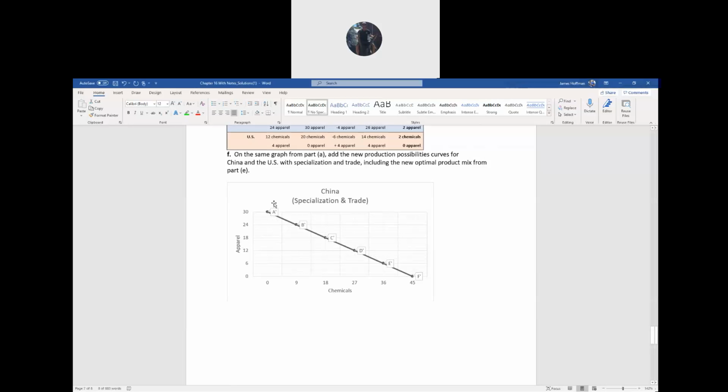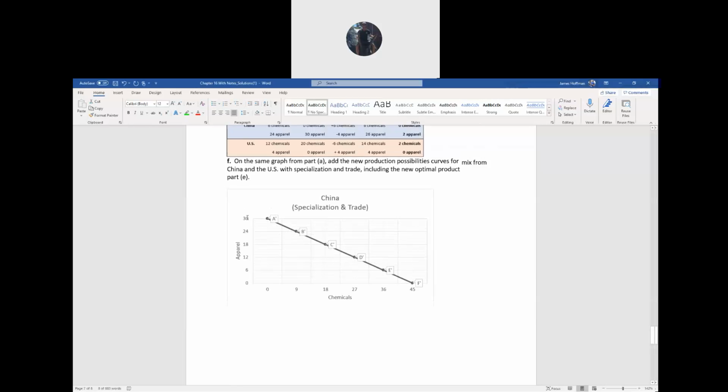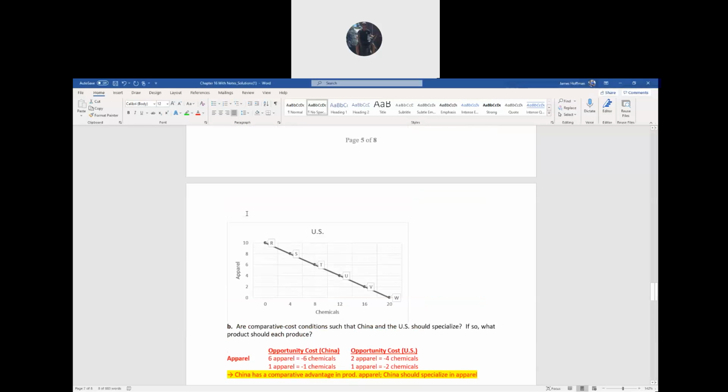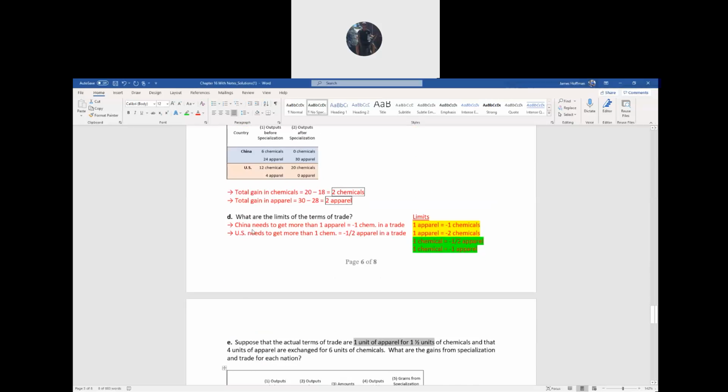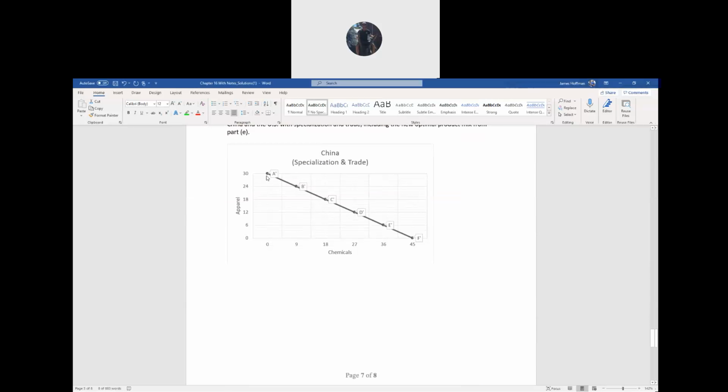So initially they had a 30 here for the intercept, and they had a 30 here. So remember, anywhere along the 1-to-1 they could do initially. Now with the trade, they can produce 30 apparel or much more than 30 chemicals.